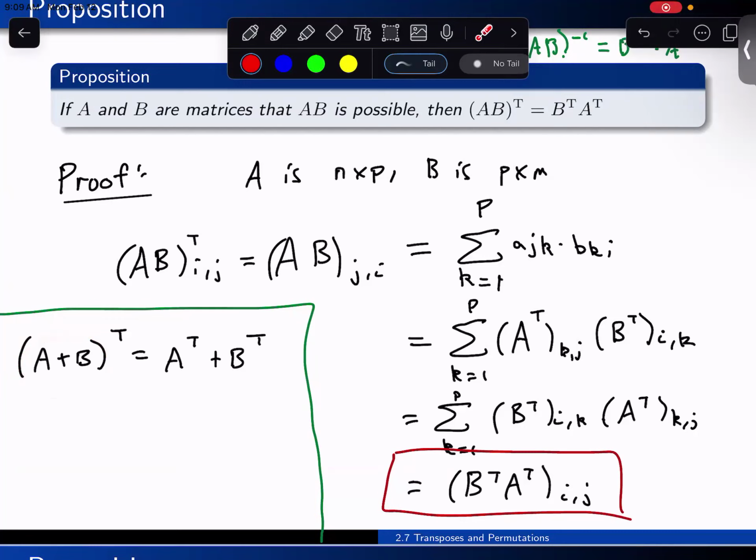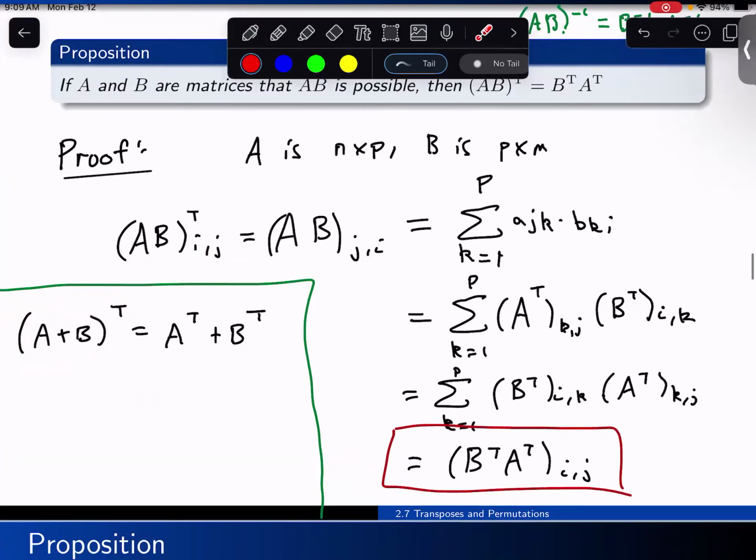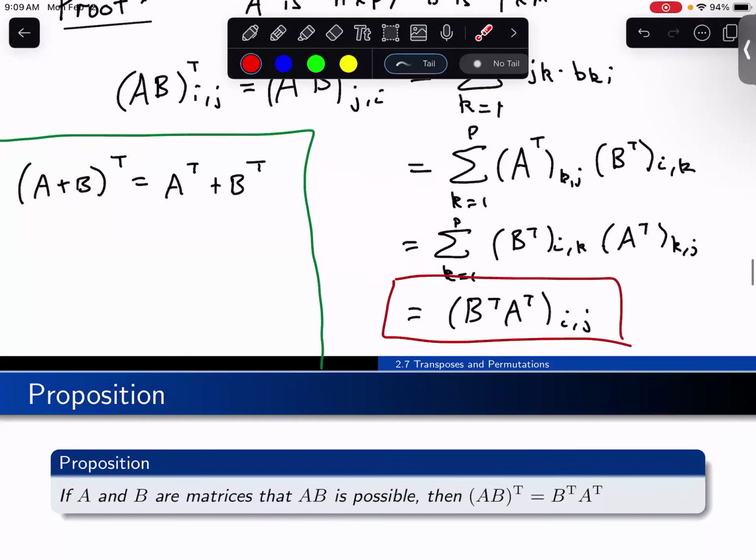The reason I'm saying this is that on one of the problems of the review, you have to use this. So I thought I would record it. But this should be pretty intuitive. Okay, so that's where we left off on Wednesday.